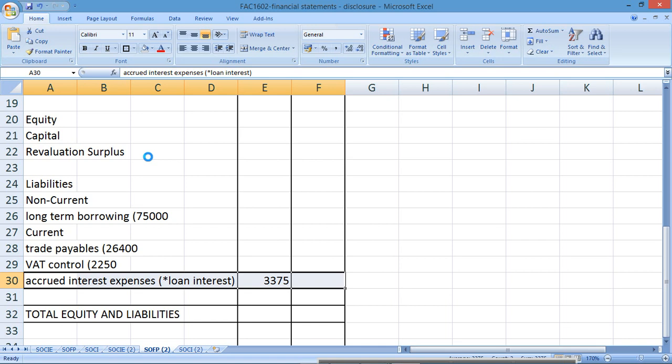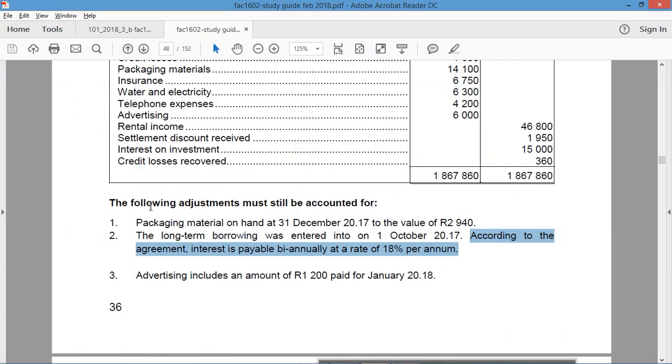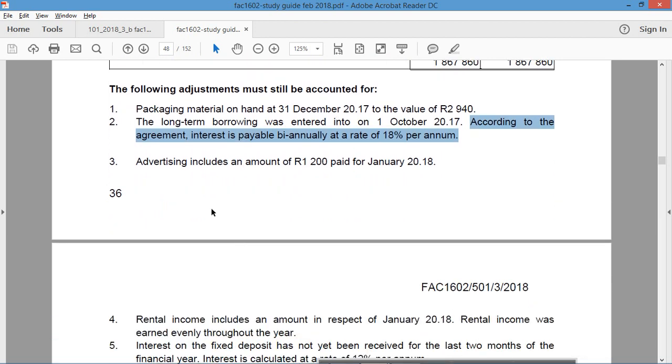You're creating a liability because of interest that's still owed on the outstanding loan. So it's 3,375. Perfect. So that one's fine. Now we need to look at this one.